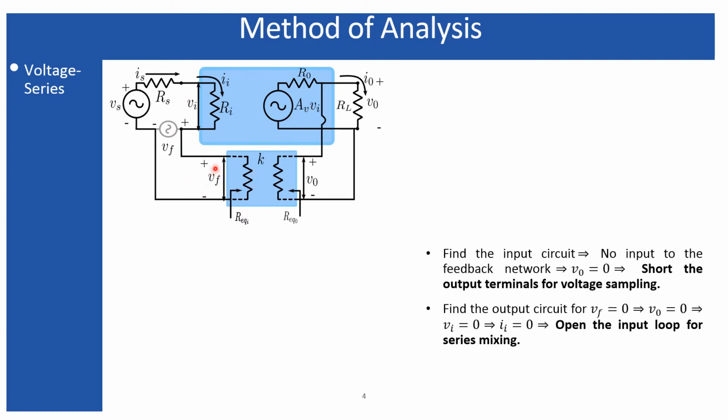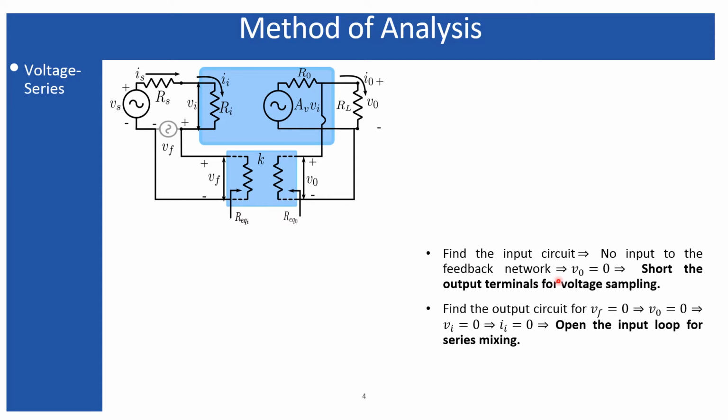In order to find that, we first have to consider the output voltage or current to be zero, from the equivalent impedance of the feedback network from the input side. When you are looking from the input section of the feedback network, you are going to incorporate this impedance into the original circuit.